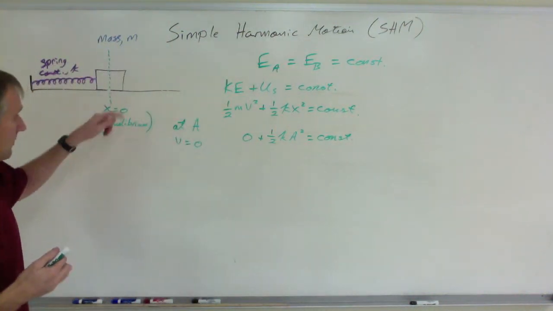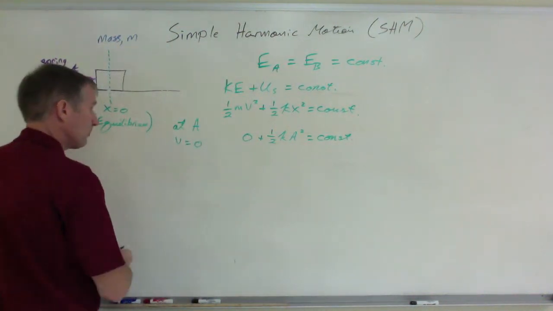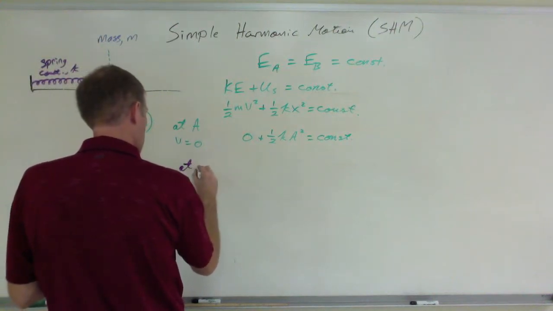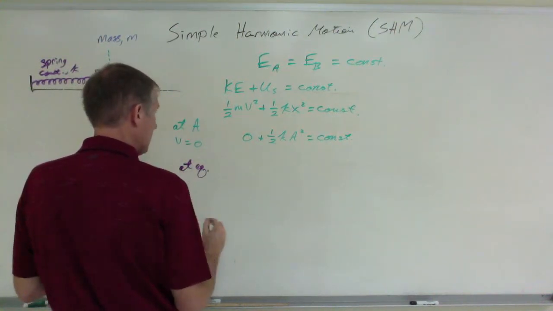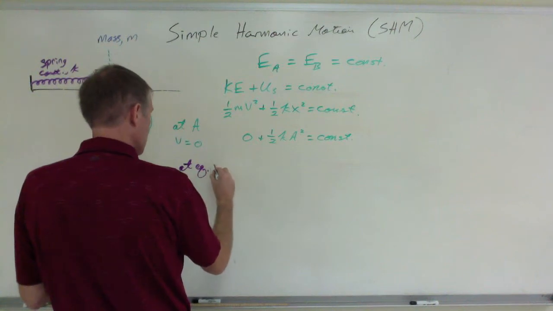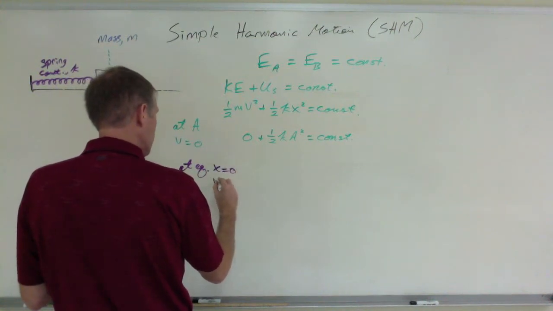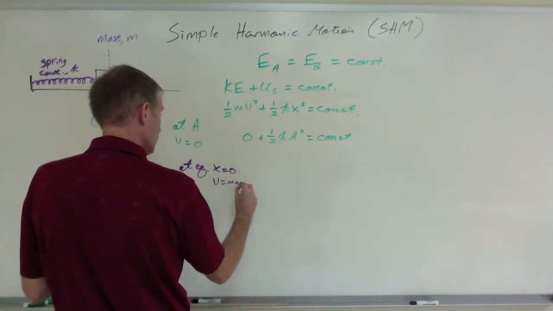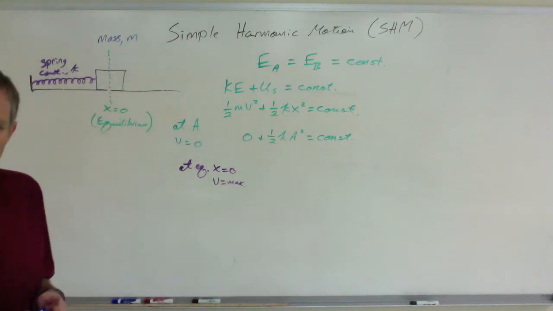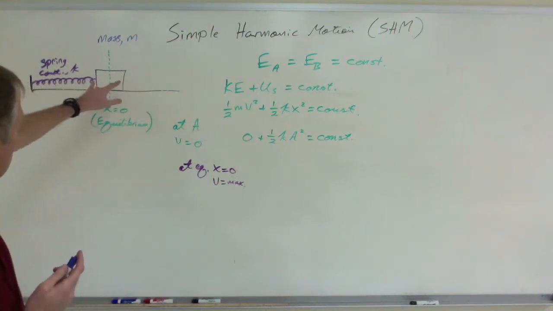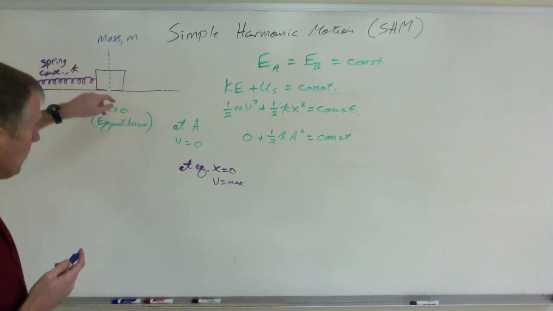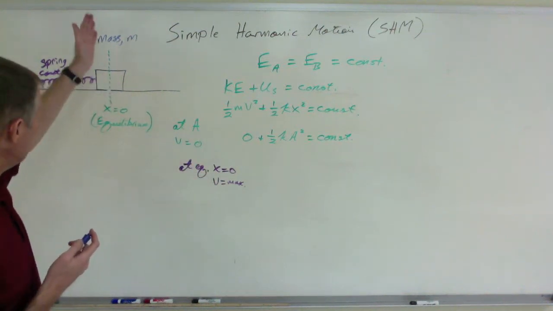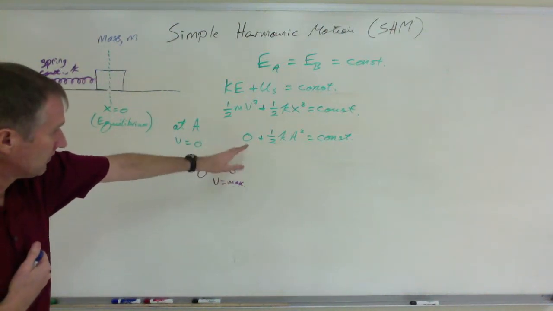What about when it passes through equilibrium? Let's do that in purple. At equilibrium, x is equal to 0, and v is your maximum. And that's how you find the maximum speed of an oscillating mass on a horizontal spring, actually in any situation, is when it passes through equilibrium.